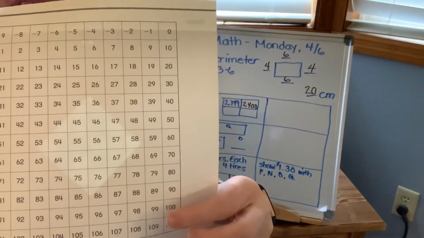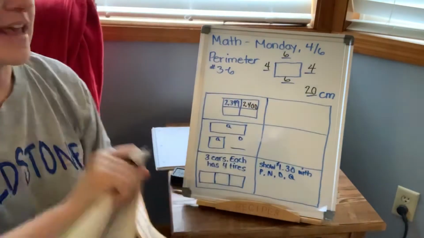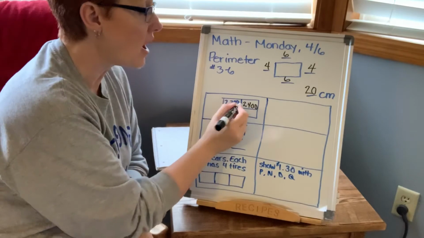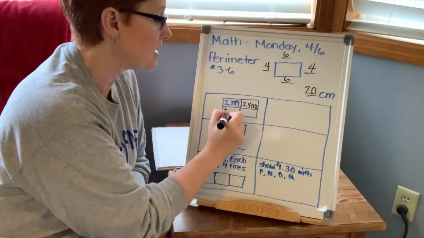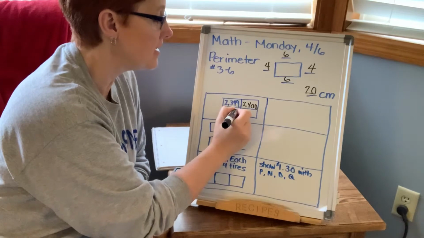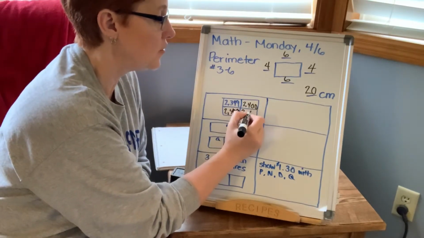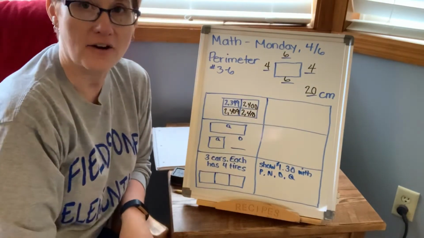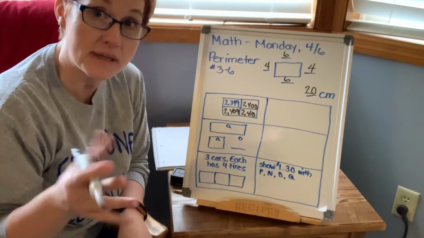What we usually have in class is the 99, and then we hop all the way up to the 9. But now, I'm in the 400s, right? Because we did this. So I'm 2,409. And then next door would be 2,410. All right? Have mom and dad help if you need help with that one. It can be a little hard.